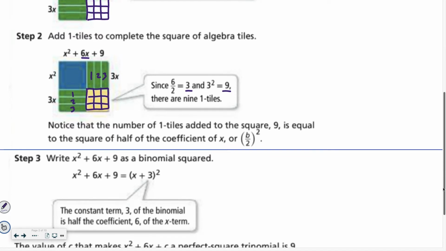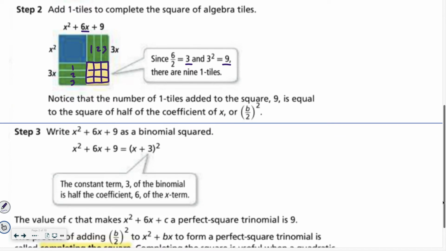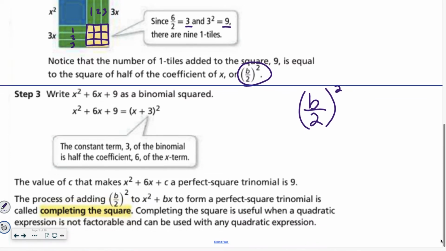So the fast way of figuring this out without drawing a picture is using this little expression here. If you take that middle term with the x, cut it in half, and then square it, you'll find out exactly what you have to add without drawing a picture. Okay, so then step 3, you'd write x squared plus 6x plus 9 as a binomial squared.